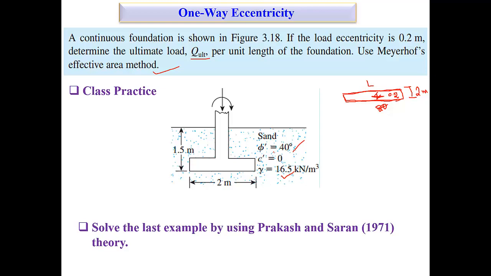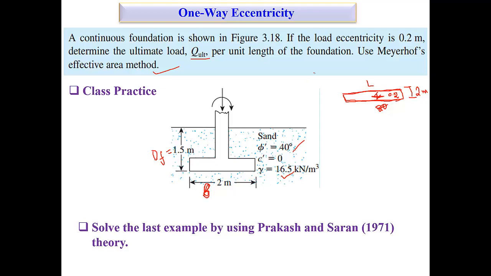Okay, and the depth Df is given as how much? 1.5. Okay, and this is our B, right? Is it clear? Yes, sir.